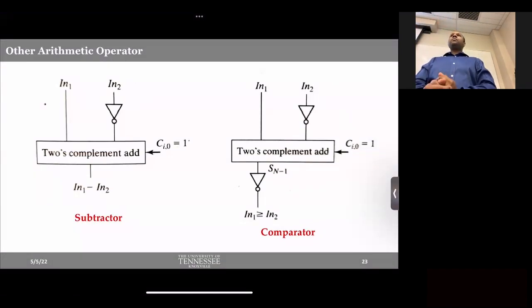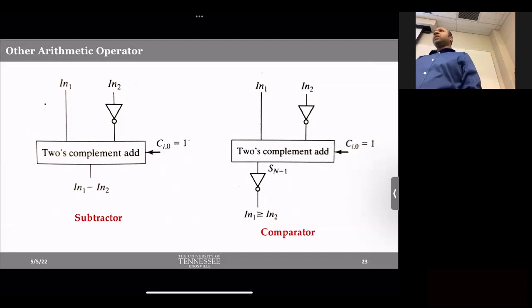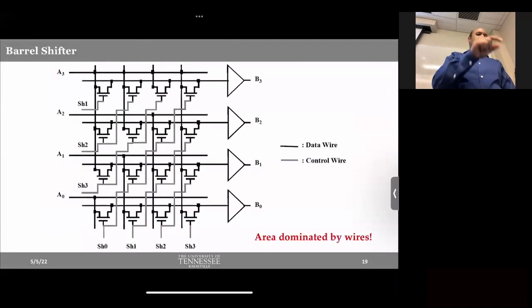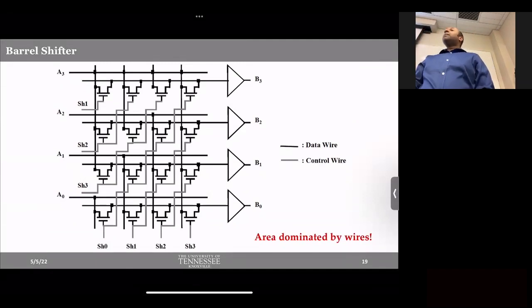Am I making sense at all? Remember, in this lecture we had a multiplier which had adders inside of it. We talked about how many transistors you will end up getting simply by implementing that. Then this shifter appears to be a really nice solution, but there are limitations.